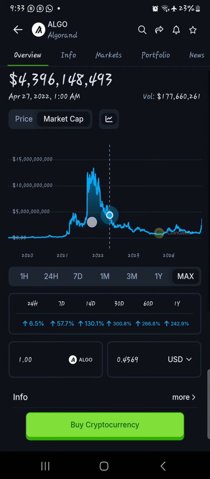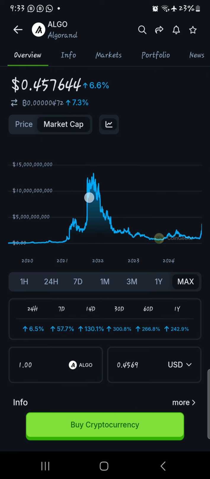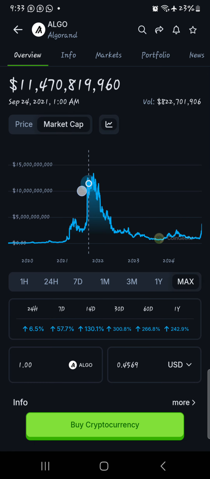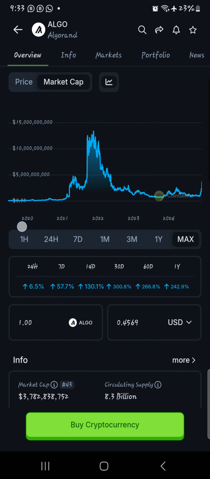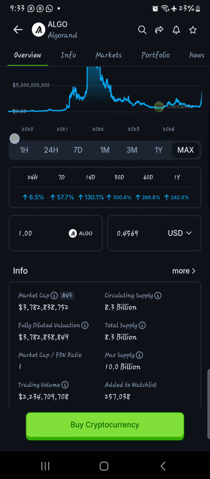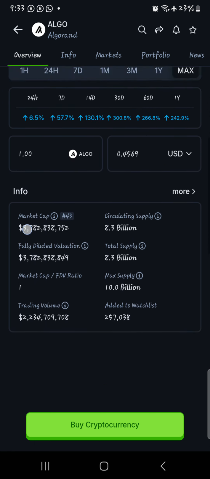Over 5, 10, 12 billion. Over 12 billion. Algorand. Okay, there's some discrepancy with the total supply. But really, this is really dope.